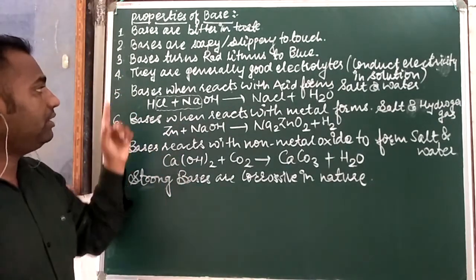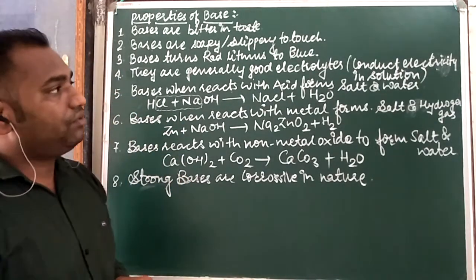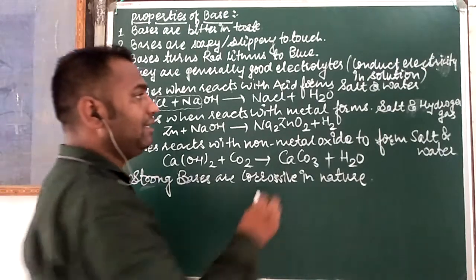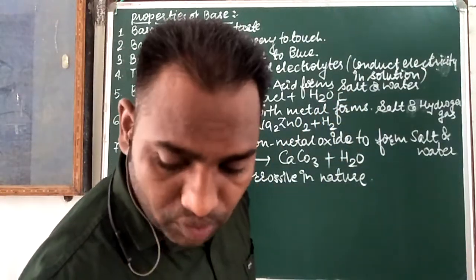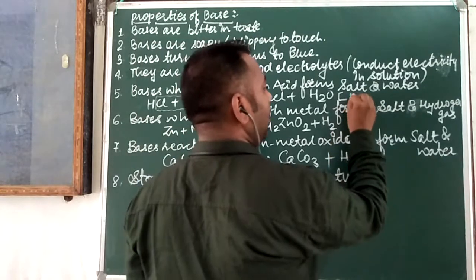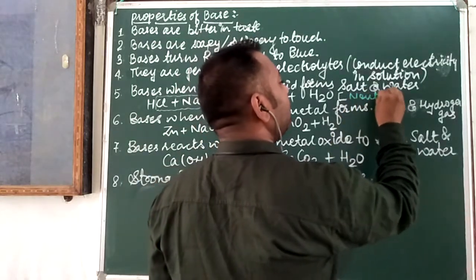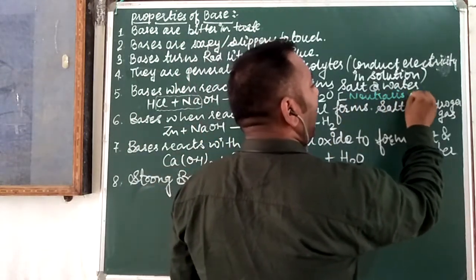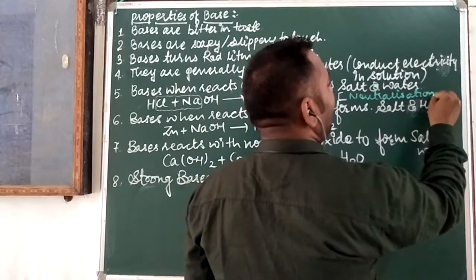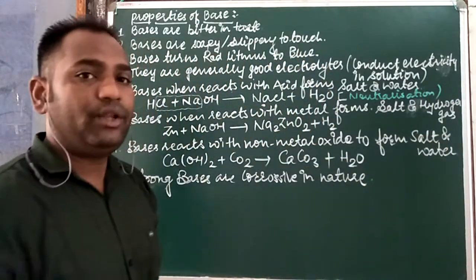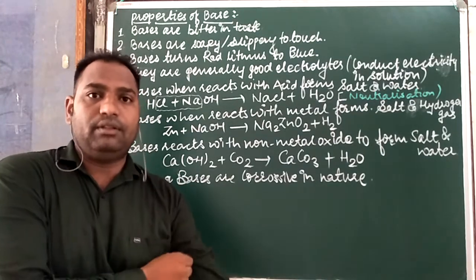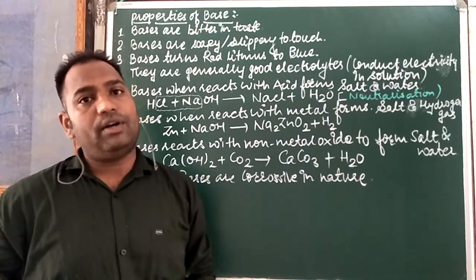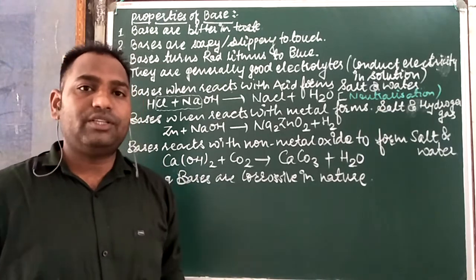Fifth one: when bases react with acid, they form salt and water. This is our neutralization reaction, which we already discussed in the properties of acids also. When acid and base neutralize each other, salt and water are formed, and this is known as a neutralization reaction.